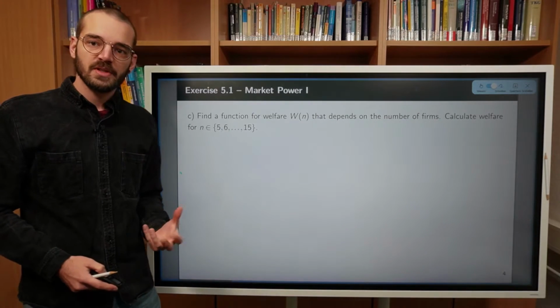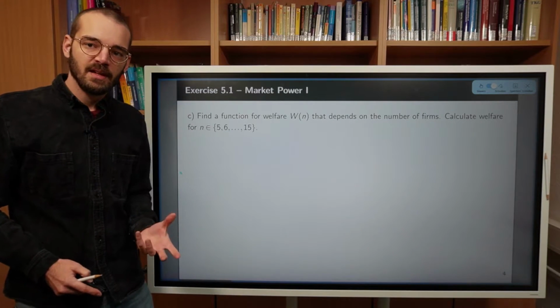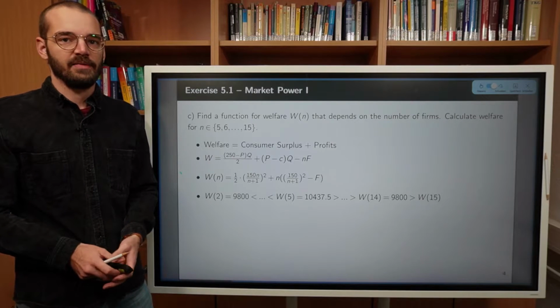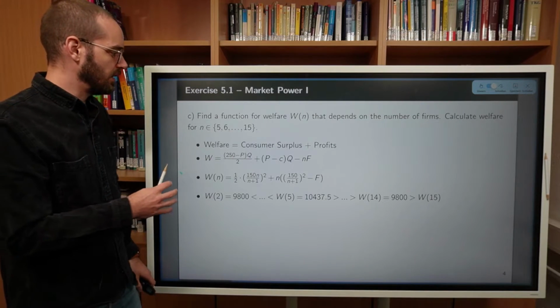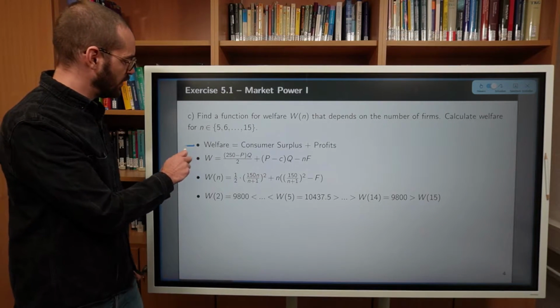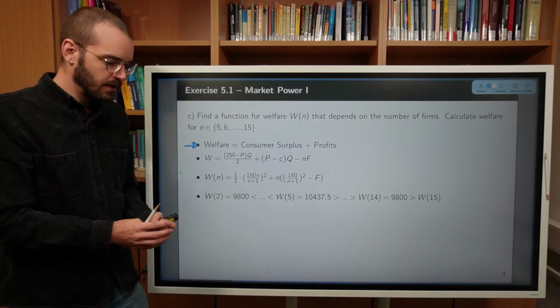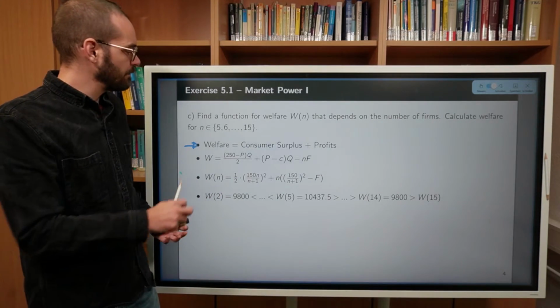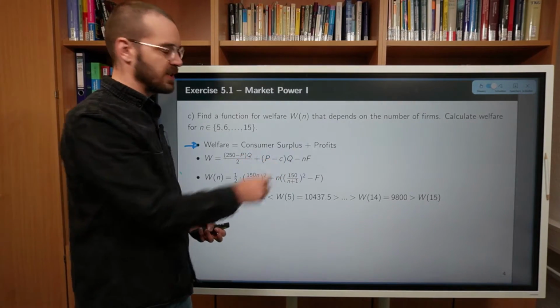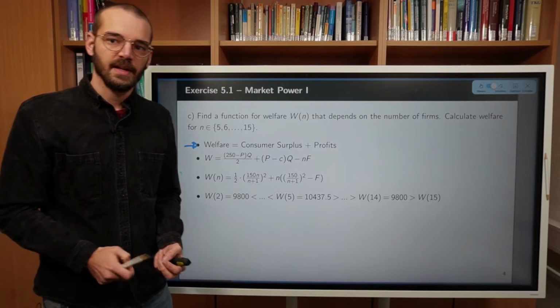How do we approach this kind of problem? Well, let's first think of what exactly welfare is and what we want it to capture. As we know, welfare is defined as the sum of consumer surplus and profits, right?